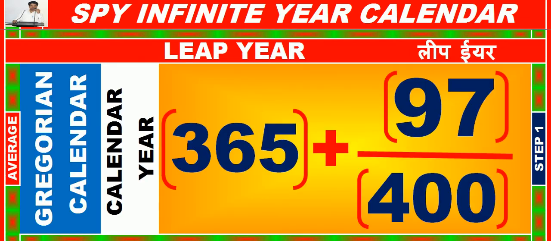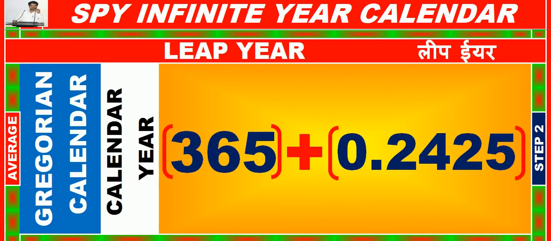Average Gregorian calendar year is equal to the sum of days in a general year, that is, 365 days, and the result of dividing total leap years in a complete cycle, that is 97 years, by the total number of years in a complete cycle, that is 400 years. Average Gregorian calendar year is equal to the sum of 365 days and 0.2425 days.